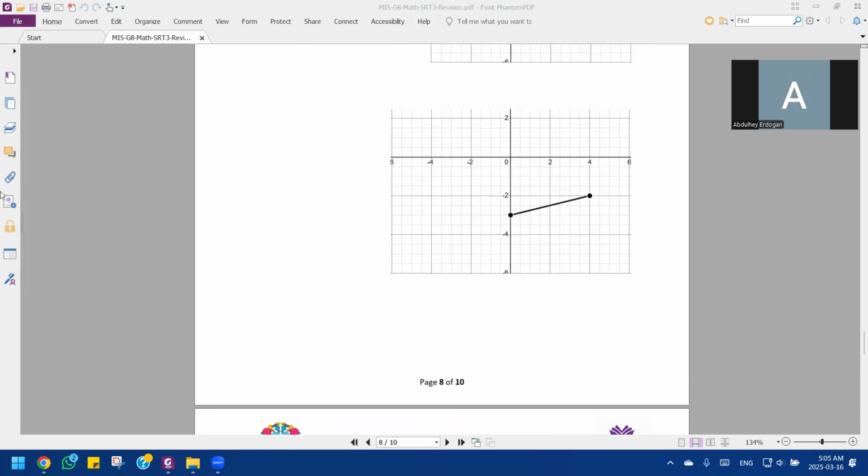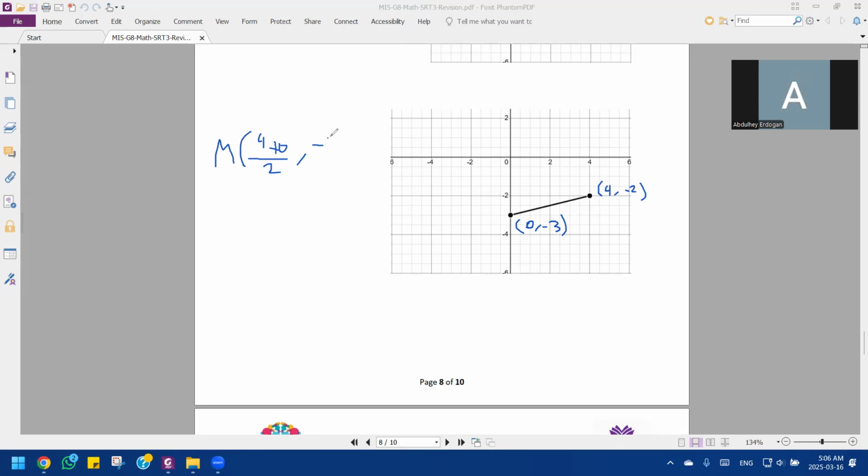Last one with the graph. This value is x is 4, y is -2, and x is 0, y is -3. We add the x values together, 4 plus 0 over 2.